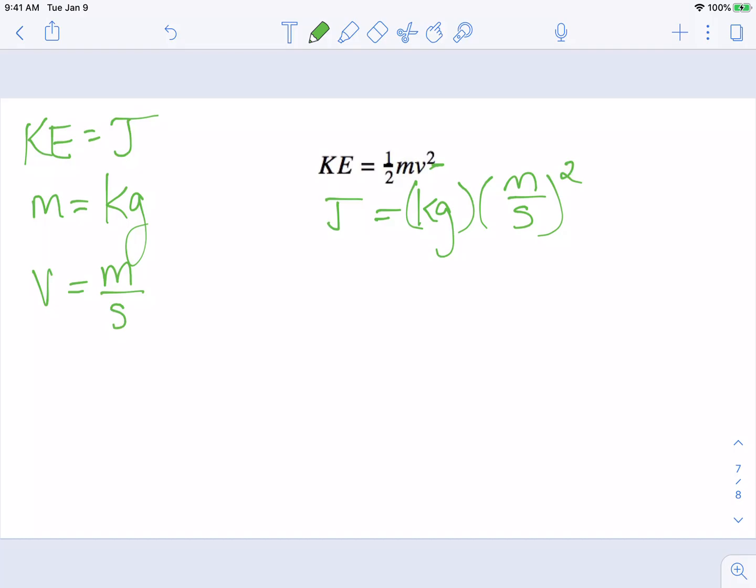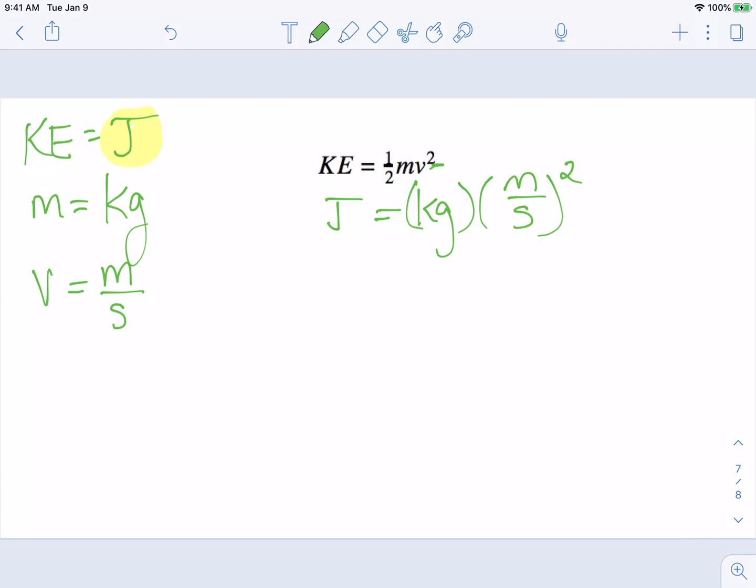And this is where you need to have a little bit of prior knowledge. A joule is not a fundamental unit. It's a derived unit. So we can actually describe a joule with a combination of fundamental units. Okay?